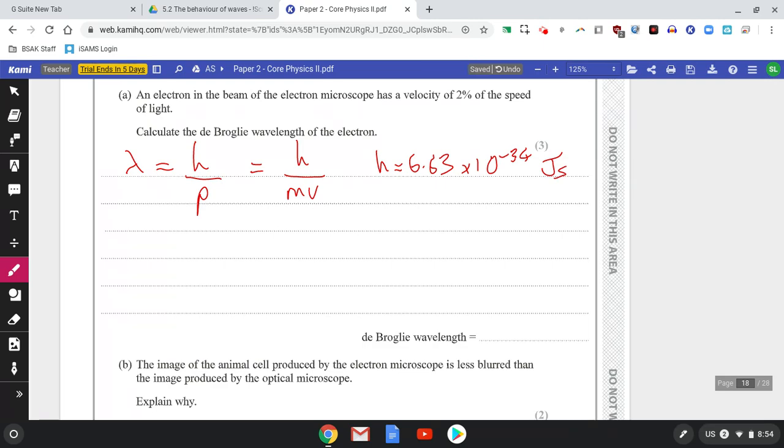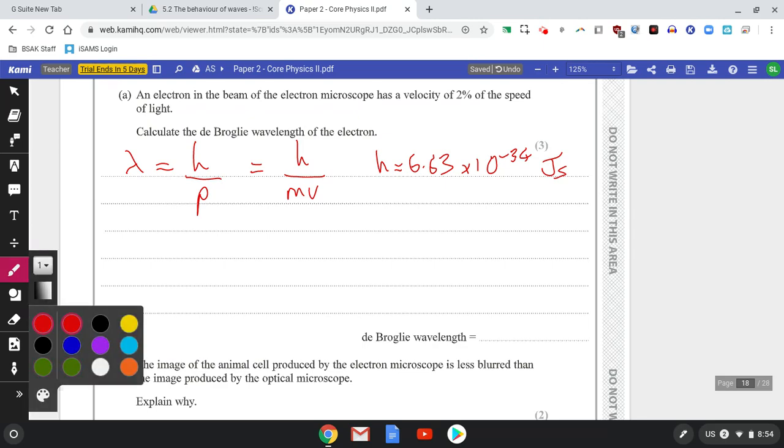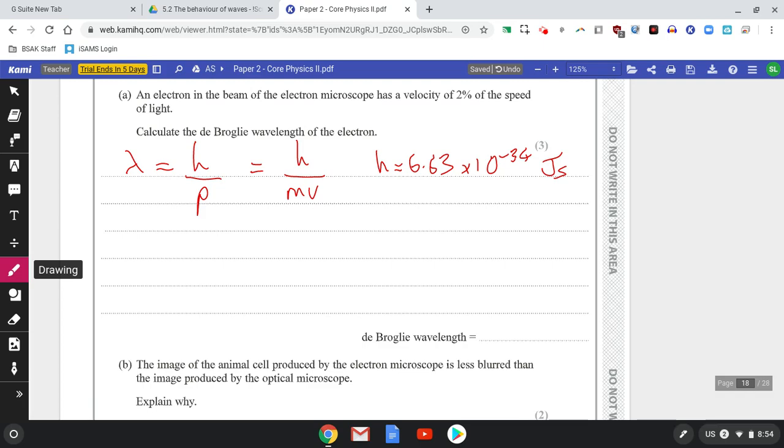Now velocity: the electrons are traveling at 2% the speed of light, which is 6 times 10 to the power of 6 meters a second.